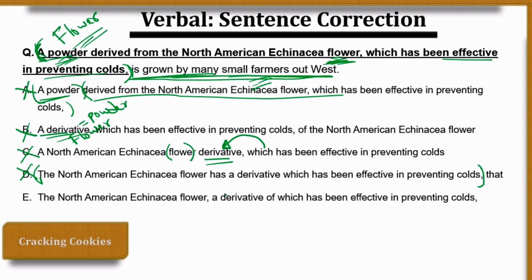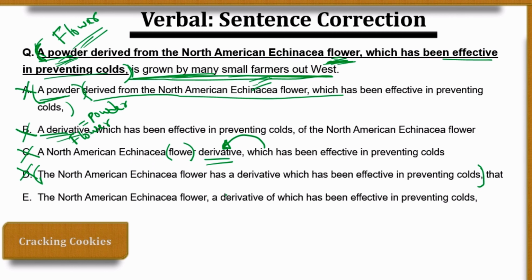So we have almost crossed out four of the options. The only option left with us is E, and it is going to be the right one, but we will analyze the grammar. So it is saying the North American Echinacea flower, a derivative of which has been effective in preventing cold.